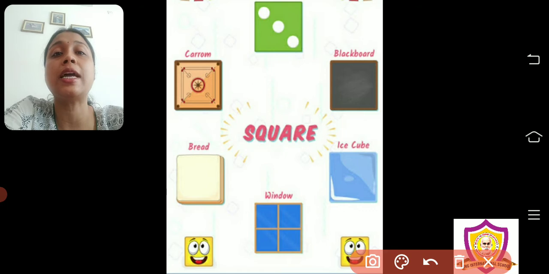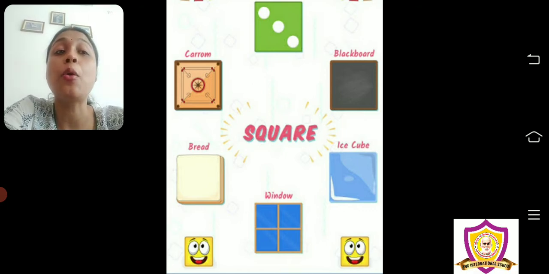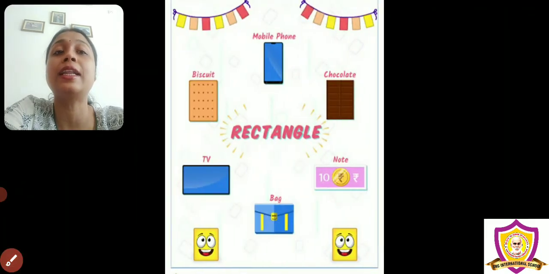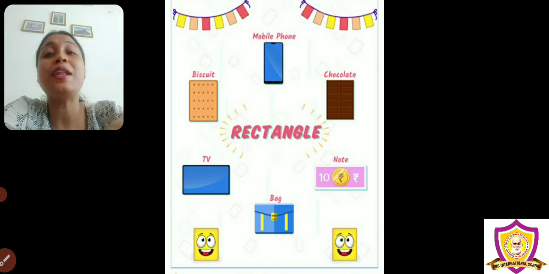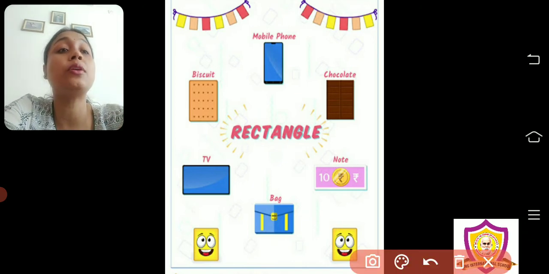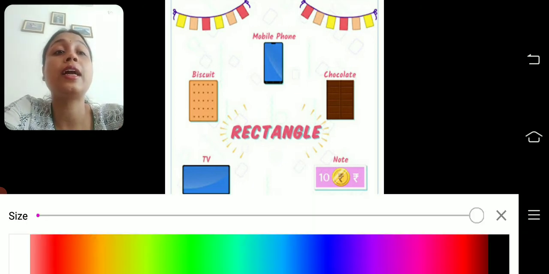Their opposite sides are equal, meaning they are, tell me what they are. They are rectangle. Yes. So sometimes windows are also rectangle. So just now I have told you rectangle has four sides and opposite sides are equal. Now let's see what are the objects around us which are rectangle shape.